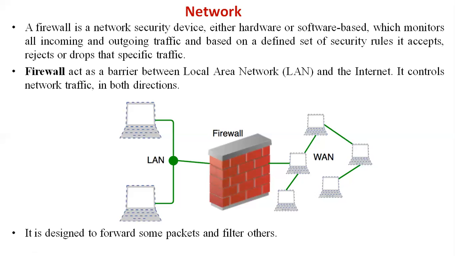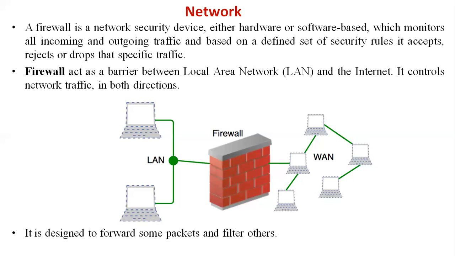In the network layer, it is implemented in the router. At the application layer level, it is implemented in the user systems or user server, and it can be either software based or hardware based.